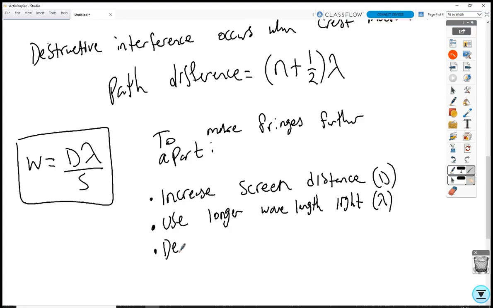Or we can decrease the slit separation, S. Again, this is all stuff you've already done in AS waves.